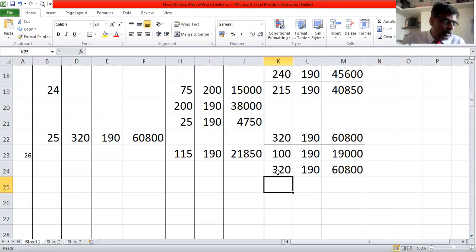Then on 27th, there is a return from the department.